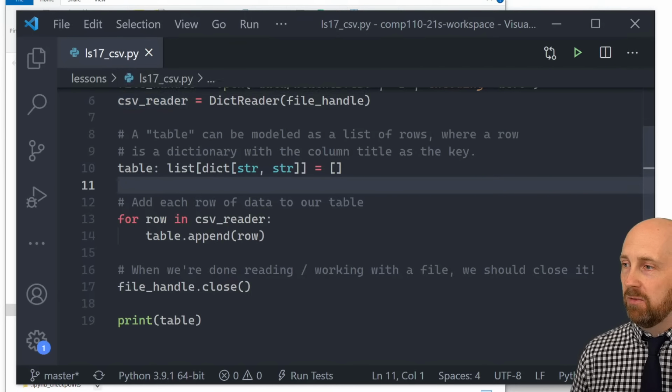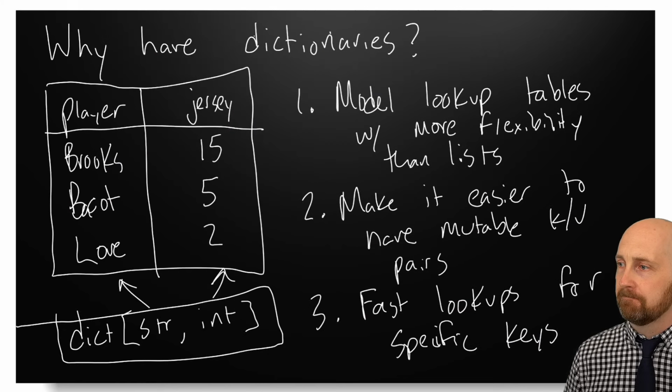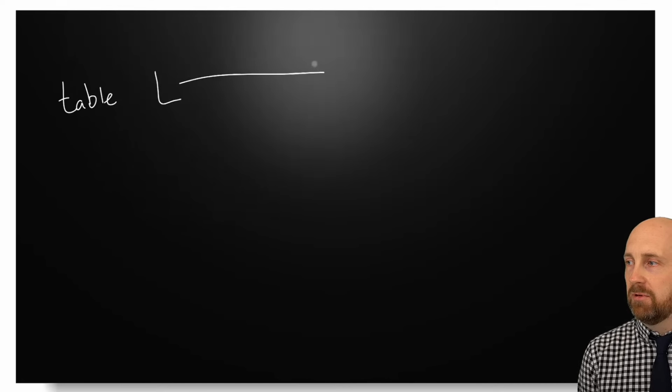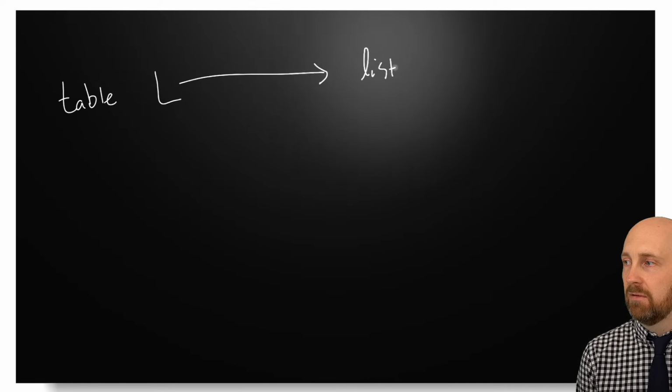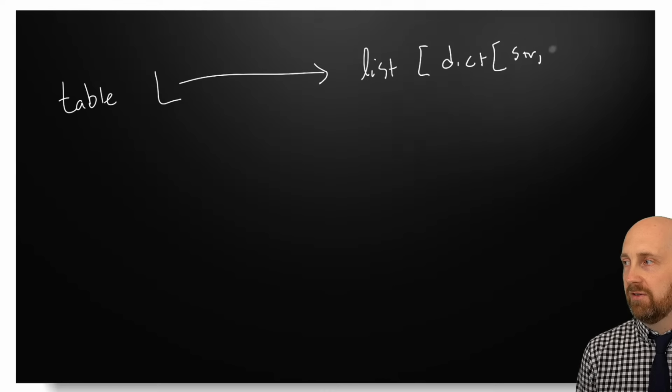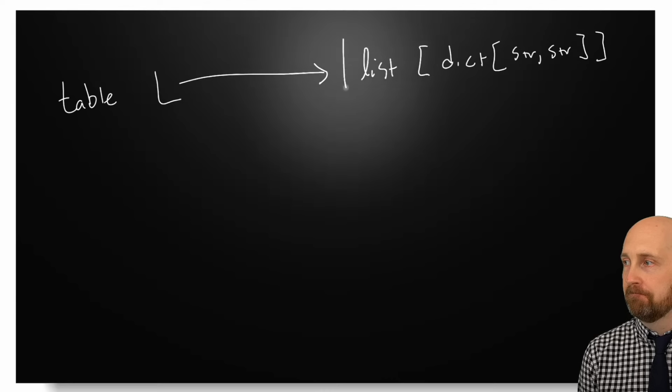The way to think about what's happening here is imagine we've got our table, and our table refers to a list of dictionaries where each dictionary is from string to string. Our keys are strings and our values are strings, right?